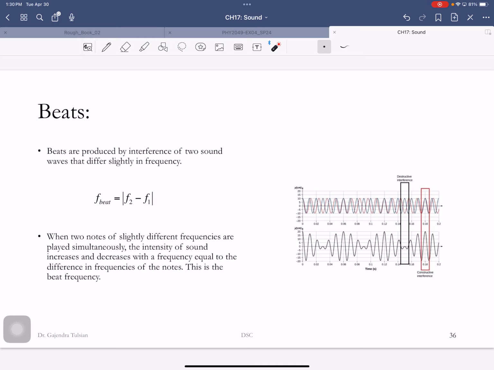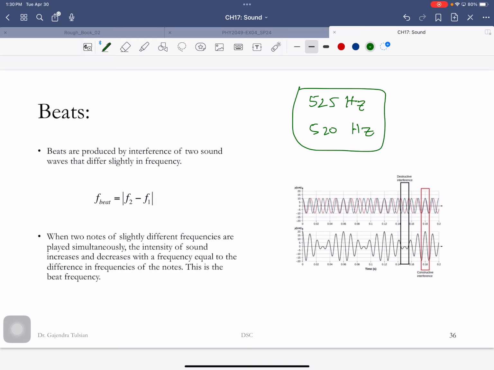So let's say you play a tuning fork of frequency 525 hertz and 520 hertz, the intensity level will go up and down 5 times a second. The beat frequency will be 5 hertz.